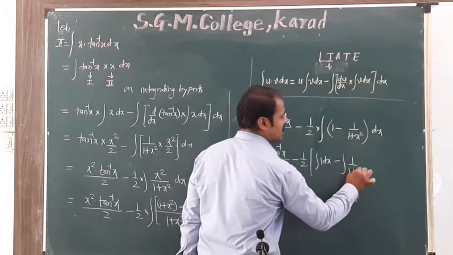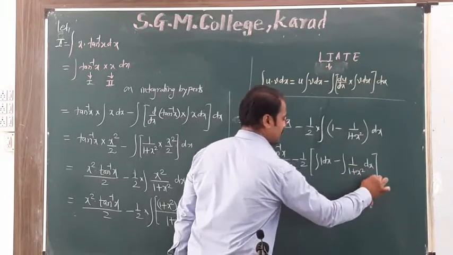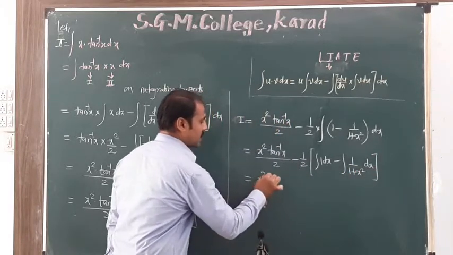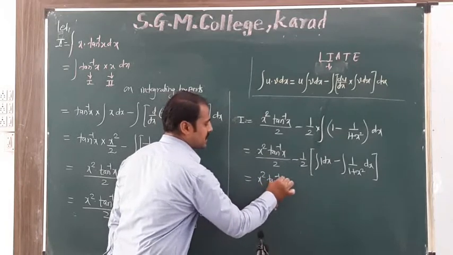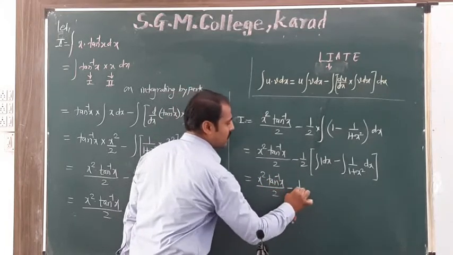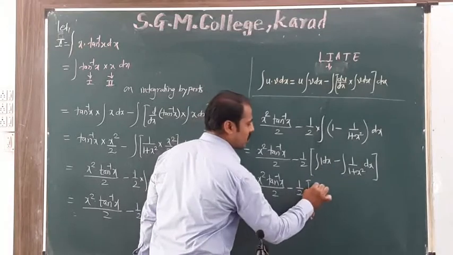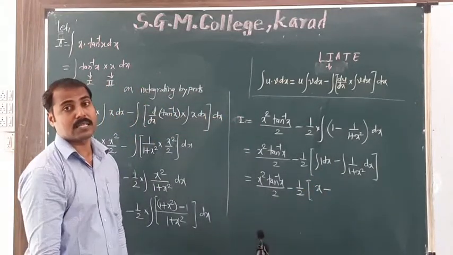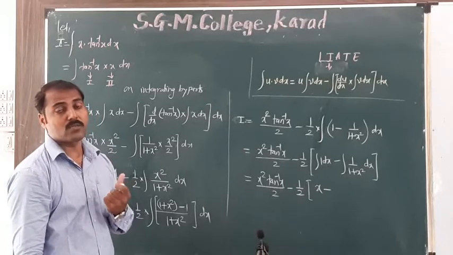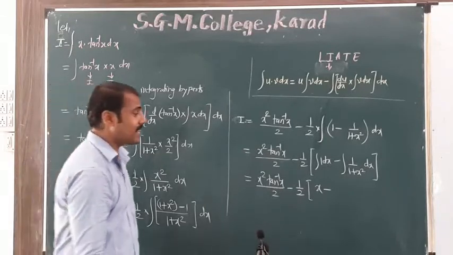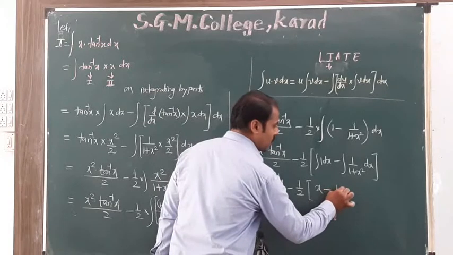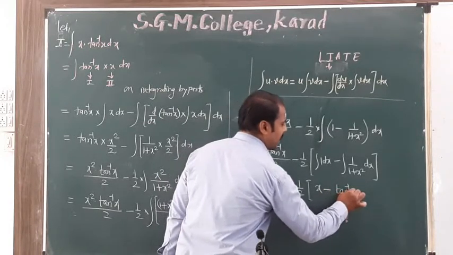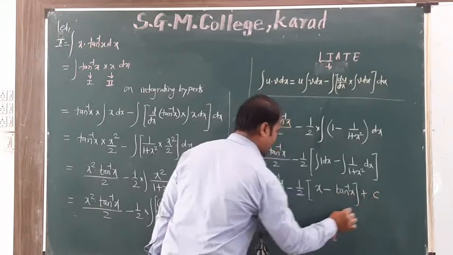which is equal to x square into tan inverse x divided by 2 minus 1 by 2 into, tell me, integration of 1 is x, minus integration of 1 upon 1 plus x square, whose derivative is 1 upon 1 plus x square, it's tan inverse x. So integration of 1 upon 1 plus x square is tan inverse x plus constant of integration c.